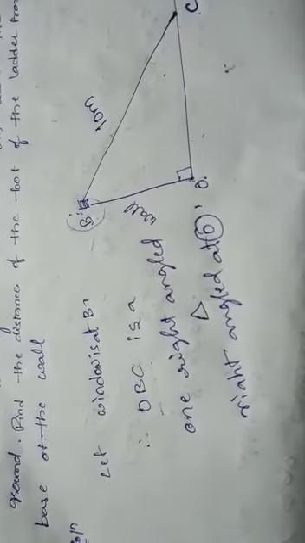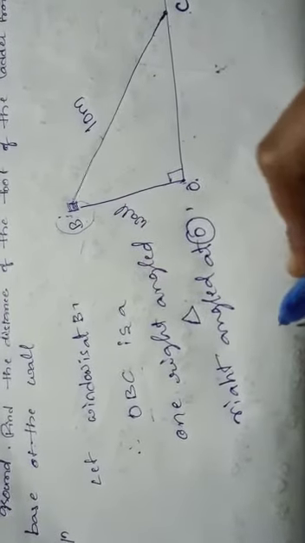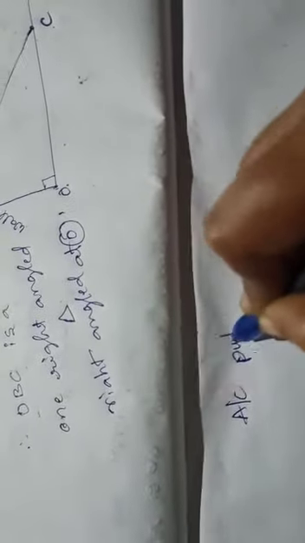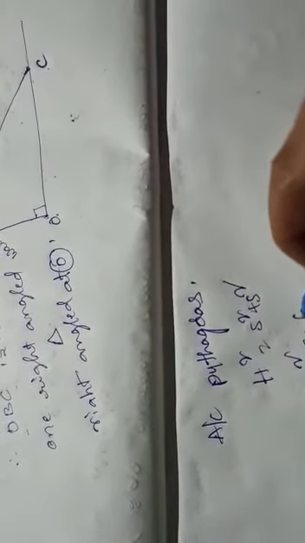So apply Pythagoras theorem. According to Pythagoras theorem, hypotenuse square equals side square plus side square. Here hypotenuse is BC. BC square equals OB square plus OC square.